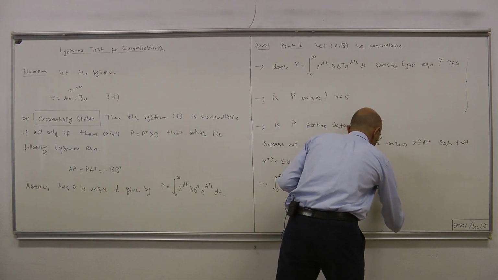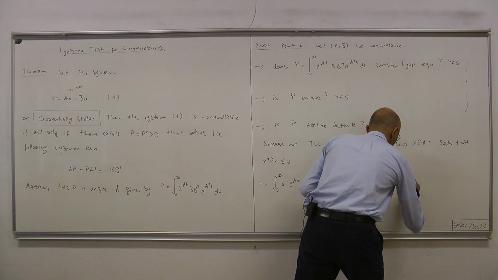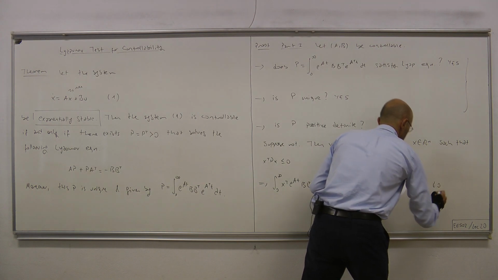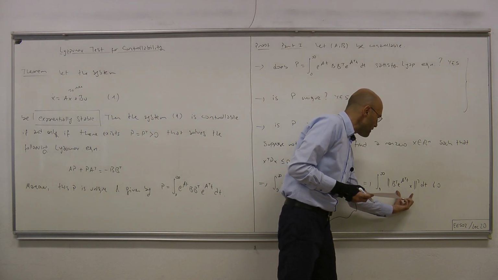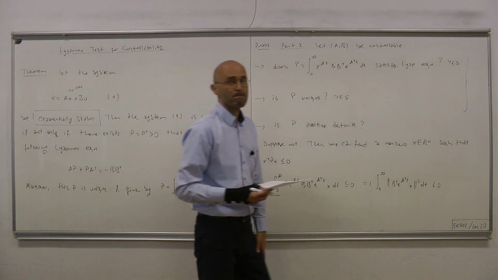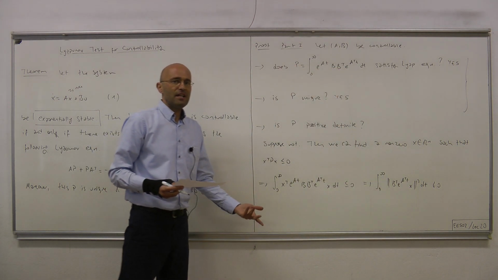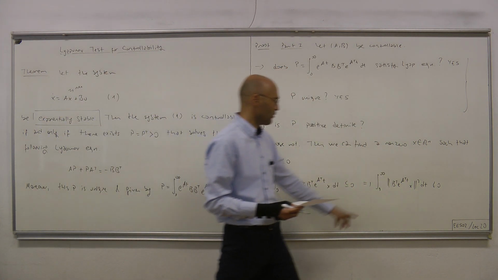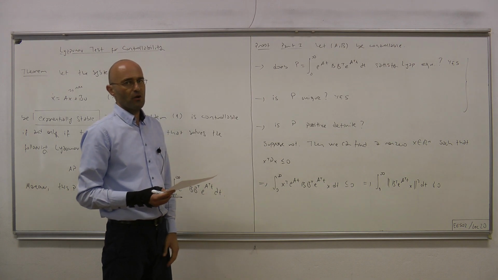That implies that the integral of the norm squared of B transpose e to the A transpose t x, dt, is less than or equal to 0. Now, we are integrating the norm squared of something, therefore the integrand is never negative, and the result of the integral is less than or equal to 0. Since the integrand is never negative, the integral can never be negative, therefore being less than or equal to 0 means that the thing being integrated must be identically 0.